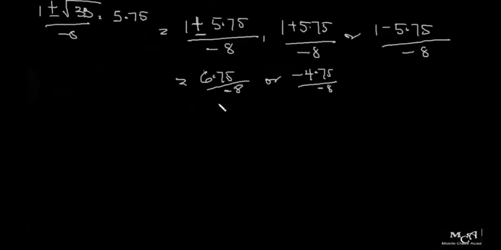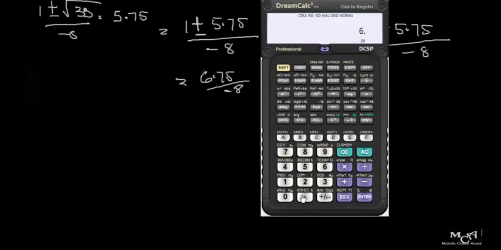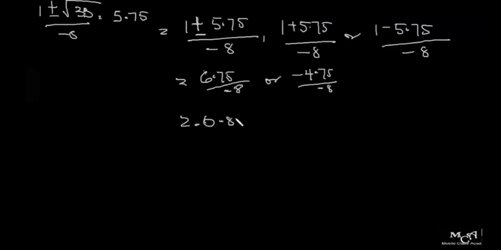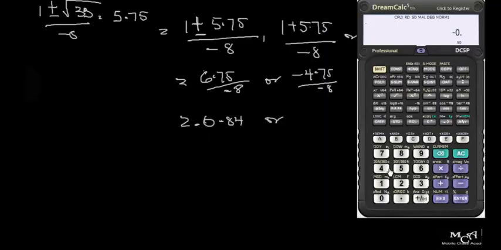So what is 6.75 divided by minus 8? Minus 0.84. Or negative 4.75 divided by negative 8.